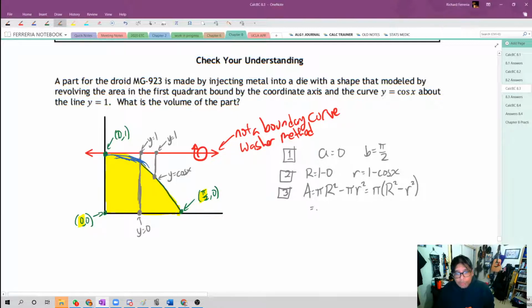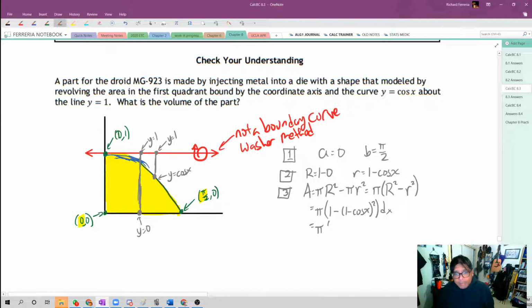Or pi times (1 minus (1 minus cosine x) squared) dx. Now I'm thinking ahead, and that 1 minus cosine x, that's going to be a bother when I try to integrate. So I'm going to expand that right now.